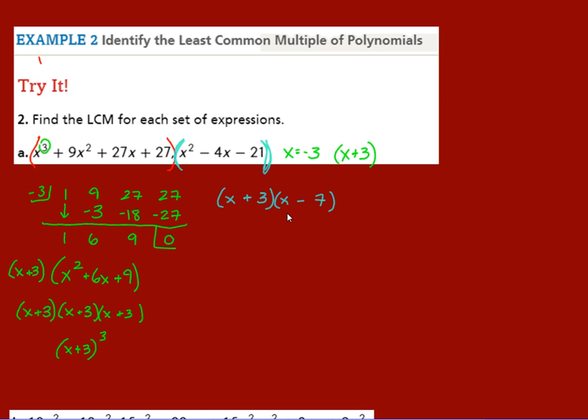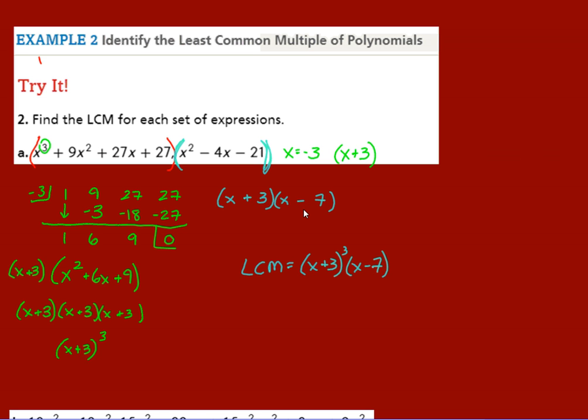The x minus 7. So our least common multiple here is going to be x plus 3 cubed times x minus 7. Now the way you remember this is you list all of your factors, like I listed x plus 3 and I listed x minus 7, and the exponents are the highest exponents that you see in either one of your expressions.